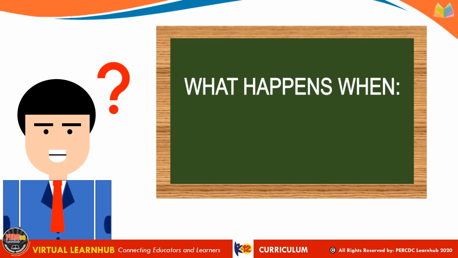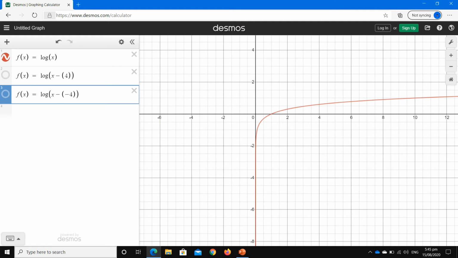Now let's see what happens when c is greater than 0 and c is less than 0. We already know that the value of c dictates the horizontal shift of our function. So now let's see its effect on our graph. Our first example is the function log of x. By typing it into our graphing calculator, it produces this graph. For our function log of x, our value of c is equal to 0.